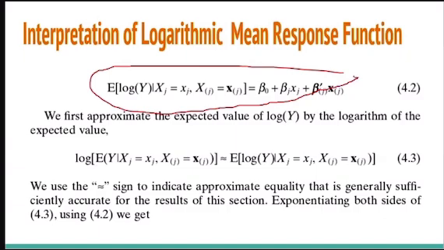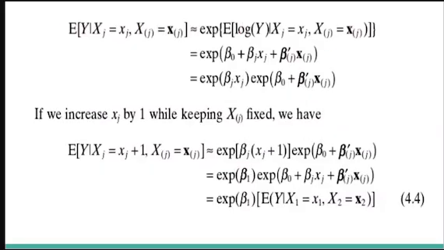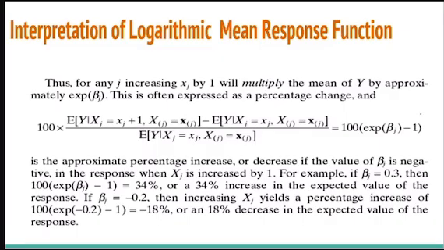Take a look at this. This is a logarithmic mean function. Y is log, but none of the predictors is actually log. How do we make the interpretation? I actually do some proof here, but I'm going to take you to the final.